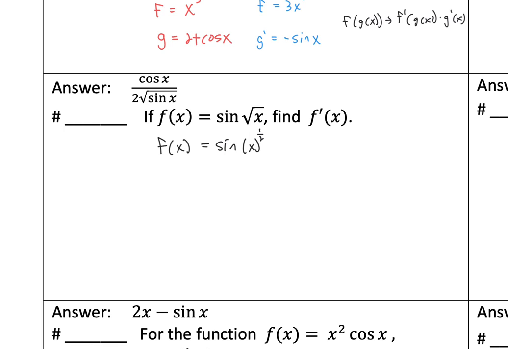So this is chain rule, because it's a trig function of something other than x, root x. The inside function, the thing inside the trig function, is x to the 1/2. That'll be our inside function. And if you call this whole thing x, this is really sine x, so that's the outside function.